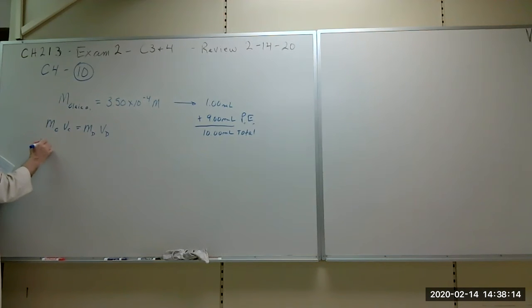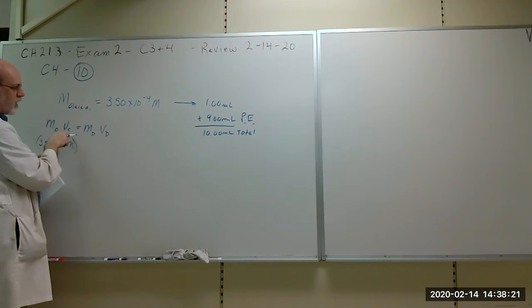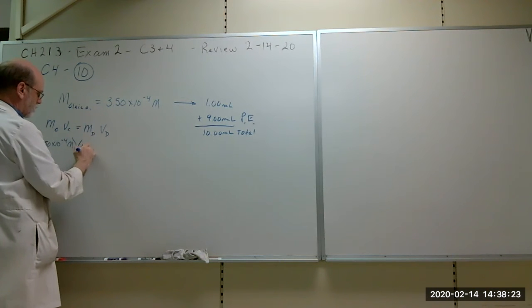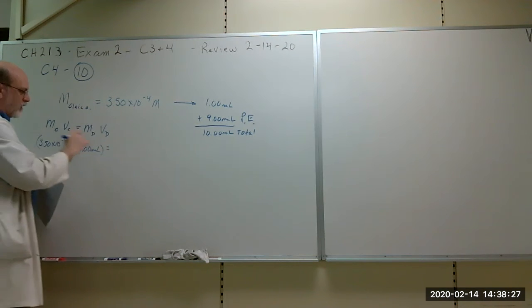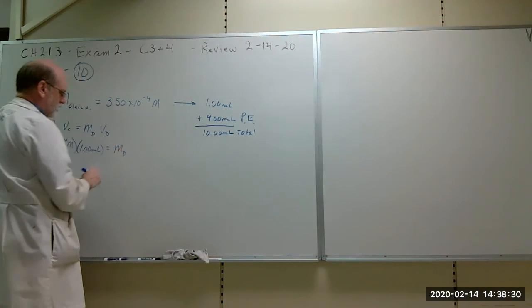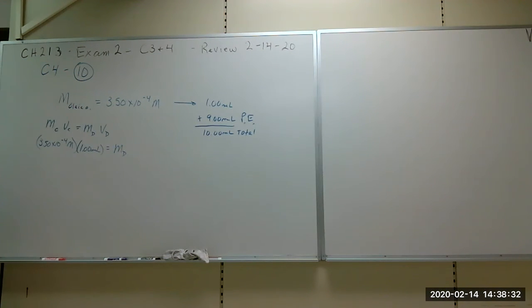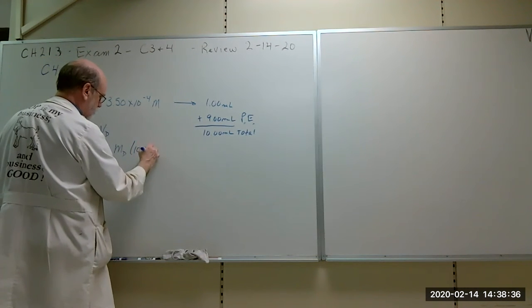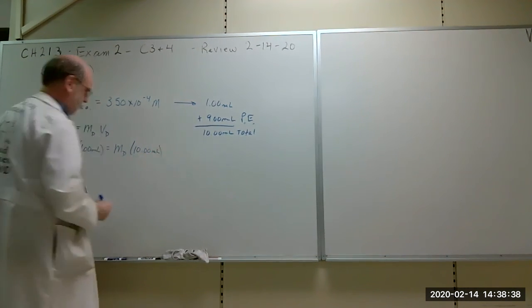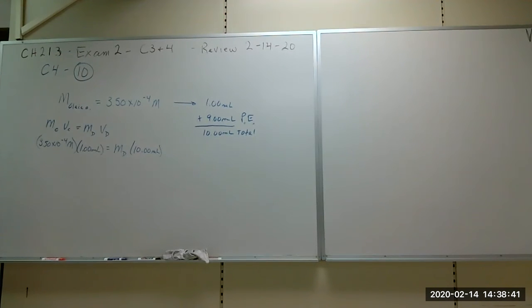So that's 3.5 times 10 to the minus 4th molar. And the volume of the concentrated is 1 milliliter. The molarity of the dilute is unknown. But the final volume of the dilute is 10 milliliters. Okay? So it's important to get these things in the right position before you try to solve it.